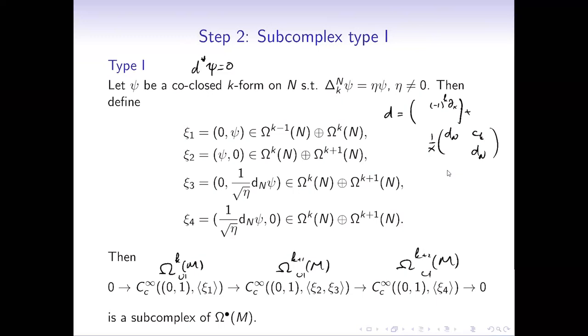So you can check that if you plug in some function with values like a scalar times (0, psi), and you run it through this guy, you end up with a linear combination of these two.